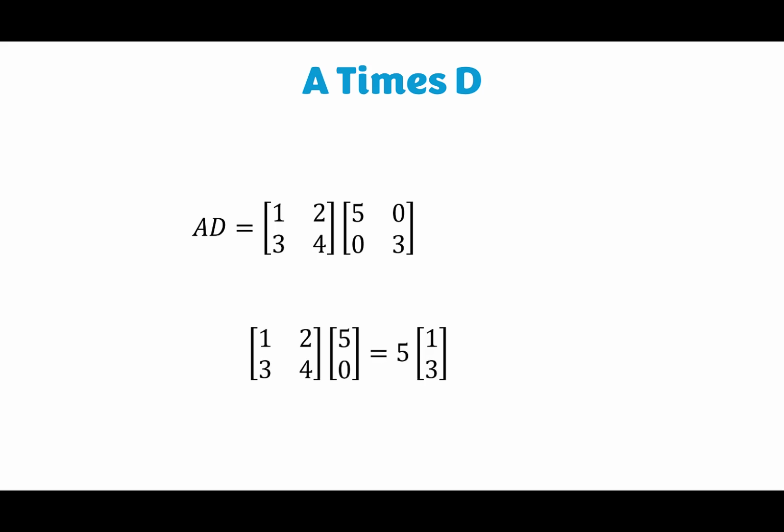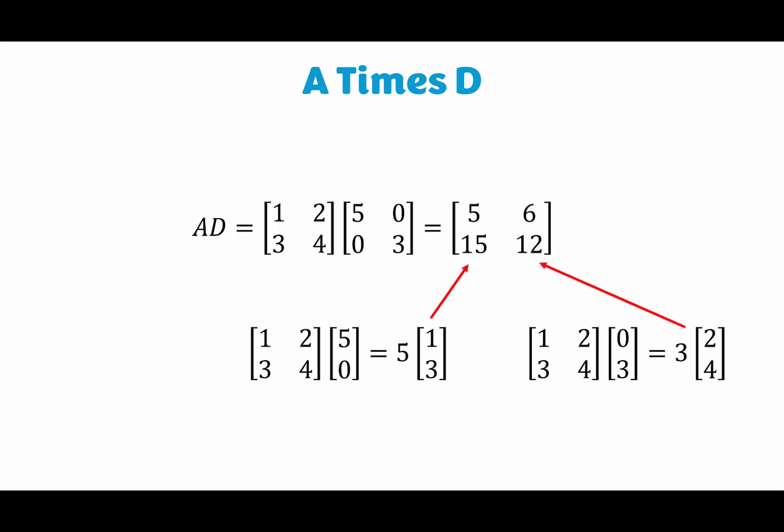So there is A times the first column of D, just calculated by doing 5 times the first column of A plus 0 times the second column of A, which really is just the 5 times the first column of A. And likewise, we find the second column in our result by doing A times the second column in D. And really, you just have 3 times the second column of A. And these form the columns of our result of A times D. And notice the columns in our result are just scaling the columns of A. And we're using the diagonal entries 5 and 3 as the scalar multiples.